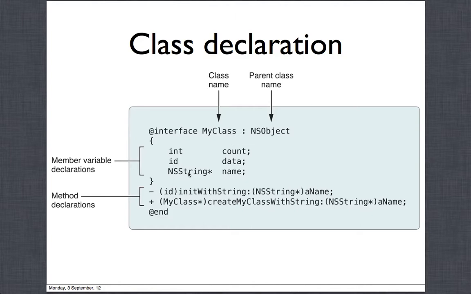In Xcode 2.2, I guess, or 2.3 and newer, you can put these member variable declarations inside the implementation, and we're going to see the implementation later. And it is considered a better way of programming.